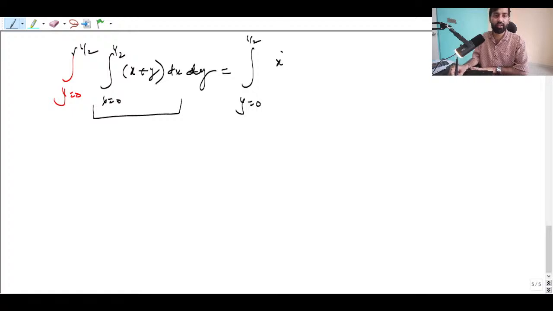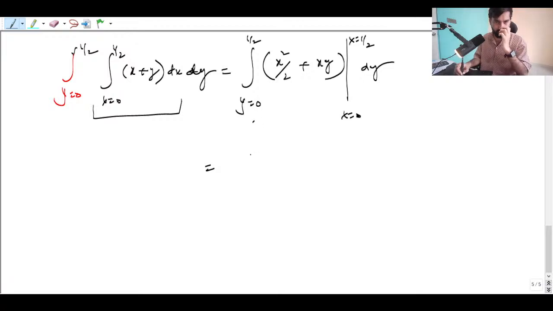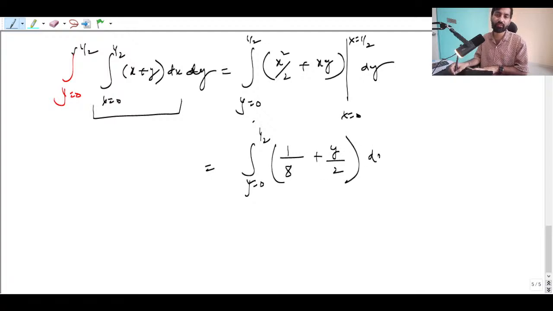So here it becomes x squared by 2 plus xy, dy. Here you can apply the first fundamental theorem of calculus, with x equal to 0 to x equal to 1 by 2, dy. If you plug everything in, with y equal to 0 to 1 by 2, this is nothing but 1 by 8 plus y by 2, dy.